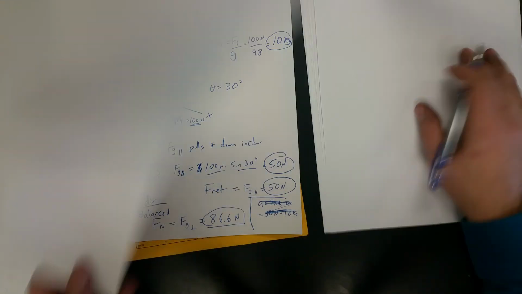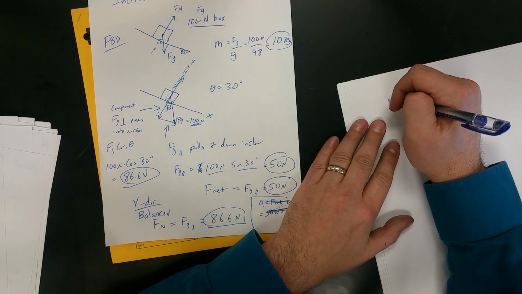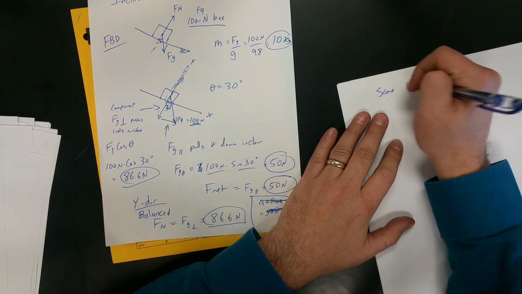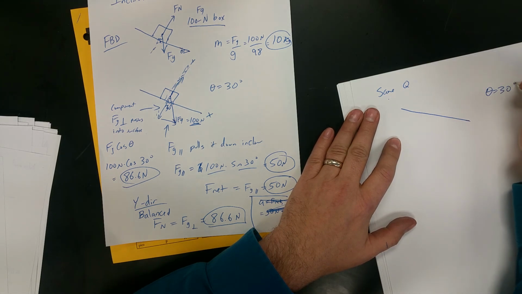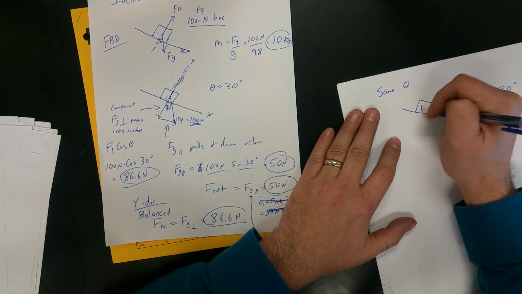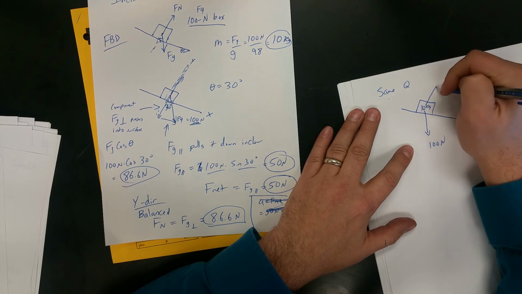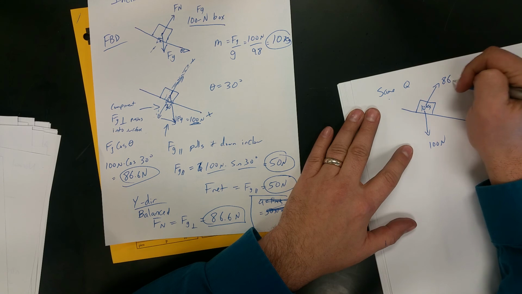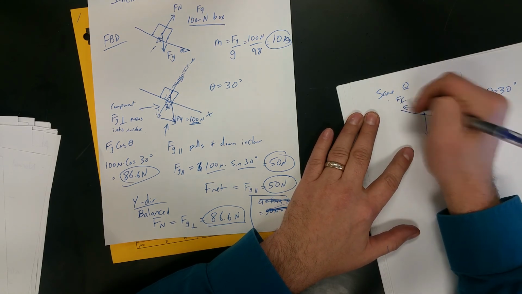You want to get even more complicated? Take the same question. 30 degrees, 10 kilograms, 100 newtons. That's 86.6 newtons. There's the force of friction.